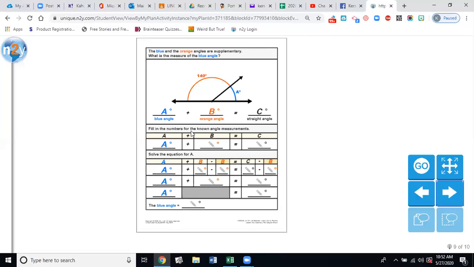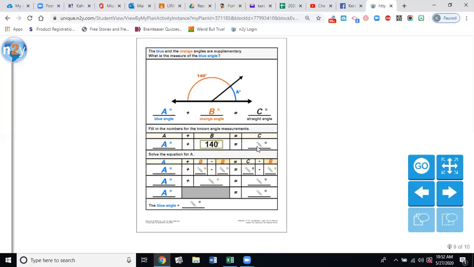Okay, so fill in the numbers for the known angle measurements. A is still unknown, so we're just going to leave it as A. B, we know, is 140.